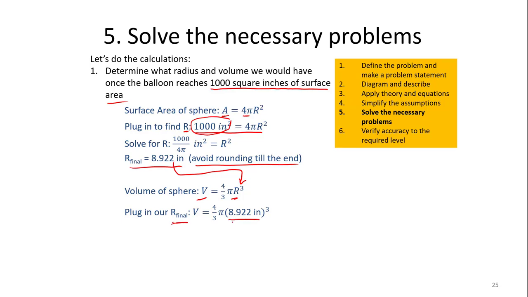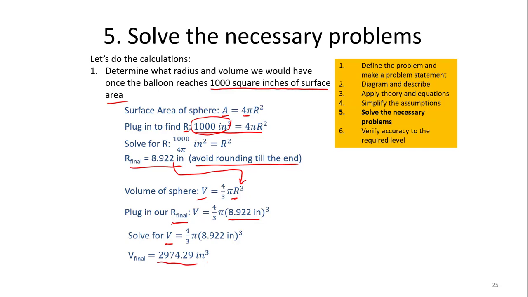And now we just need to solve for our volume V. If we crunch those numbers, we determine our volume V is approximately 2,974 cubic inches. Once again, we're going to avoid rounding until the end of the question. So we know the final volume of our balloon.